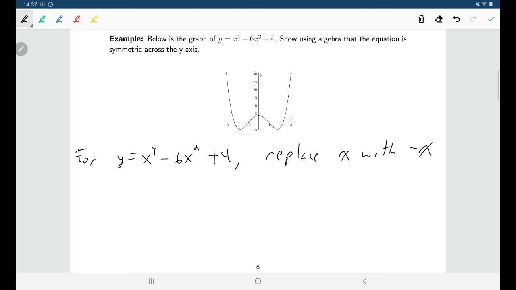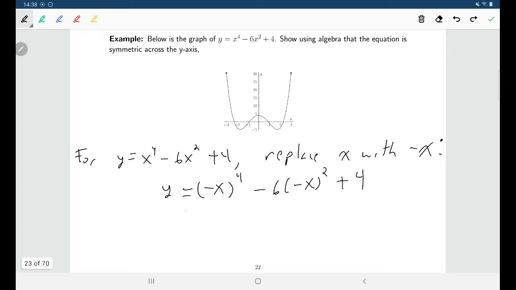And so what do we get? We'll get y on the left side. We'll have negative x to the power of 4, minus 6 times negative x to the power of 2, plus 4. If we simplify this, negative x to the power of 4 is just x to the power of 4, and negative x to the power of 2 is just x to the power of 2.